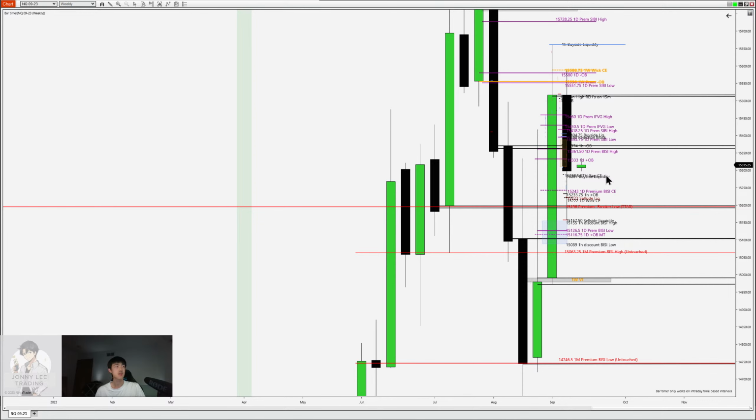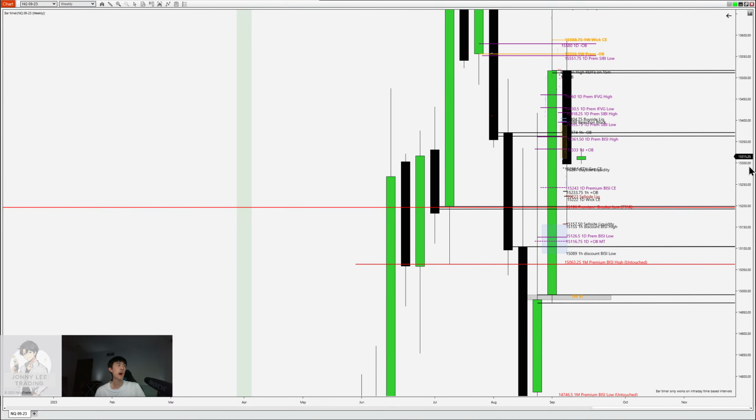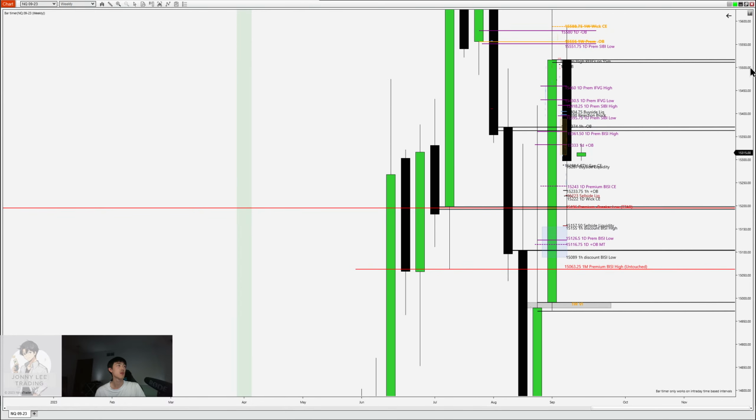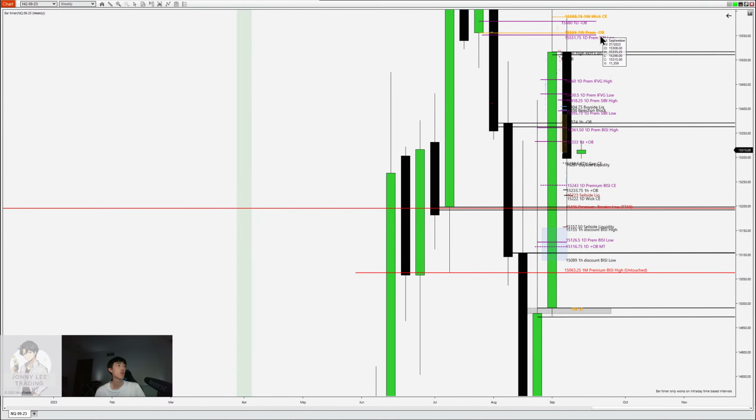So on the weekly, we see that it definitely went through this premium bearish order block that you can see on this up close candle before a down close swing. This up close candle here is a premium bearish order block on the weekly.